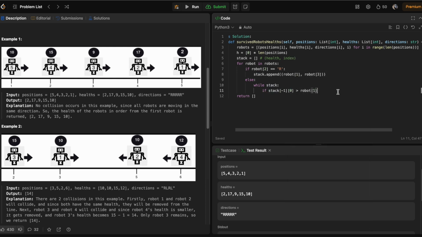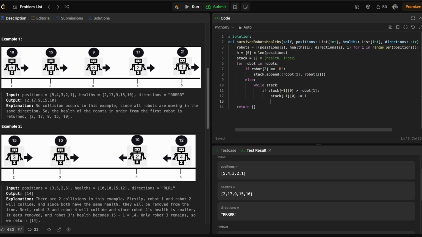So if the last item on the stack has a health that's greater than the current robot's health, then we can just do, it just goes down by 1. And our current robot's health is going to be 0.